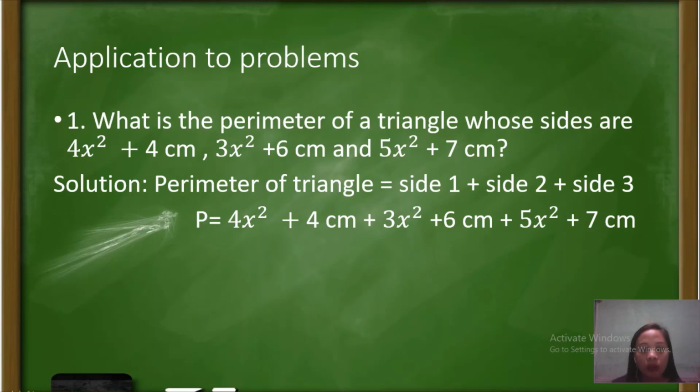So add 4x squared plus 3x squared, that is 7x squared, plus 5x squared, that is 12x squared. And we'll add the second term, 4 plus 6, that is 10, plus 7, that is 17. Therefore, the perimeter of the triangle is equal to 12x squared plus 17 centimeters.